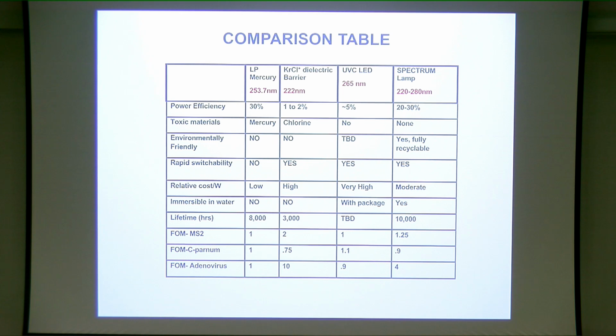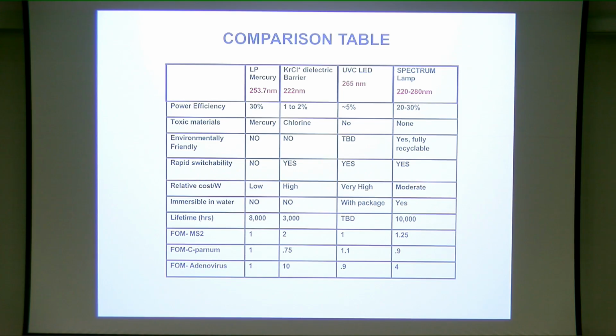However, for some species, like the cryptosporidium, it goes less than 1. You're much better off with the longer wavelengths. The LEDs are typically around 1, and the spectrum lamp is 1 to somewhat greater than 1 for most species. It's slightly less than 1 for the cryptosporidium as well.